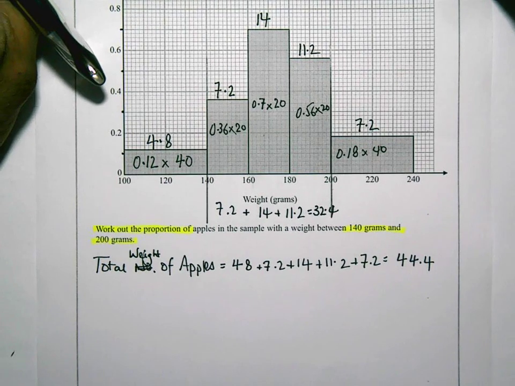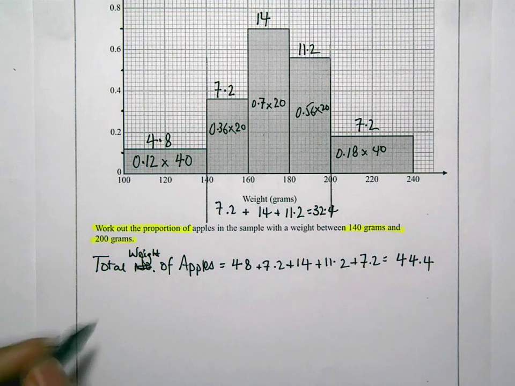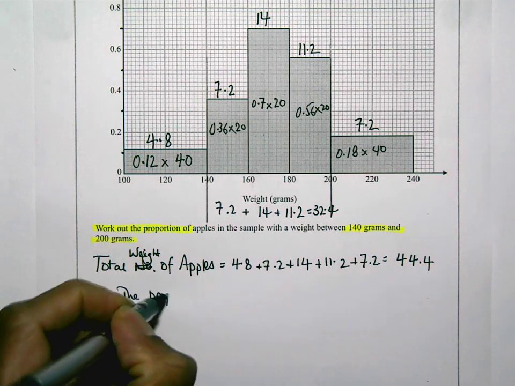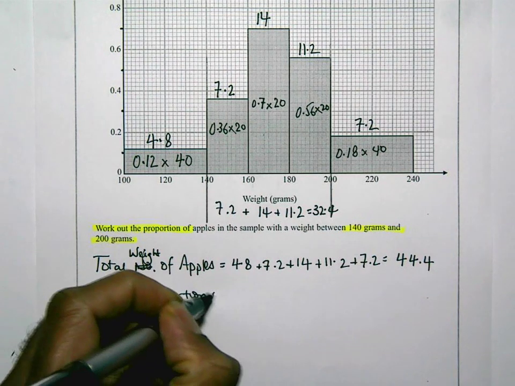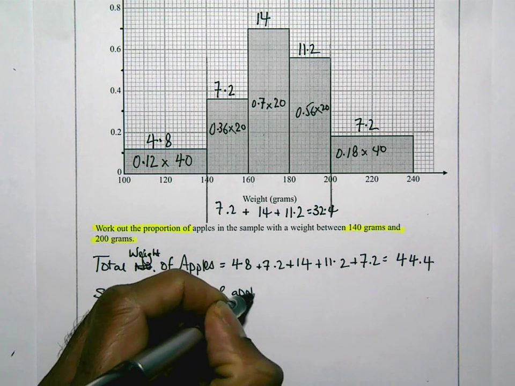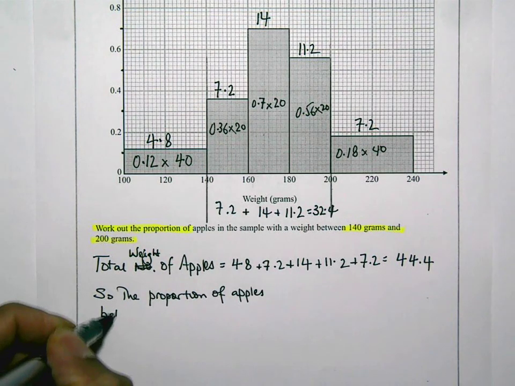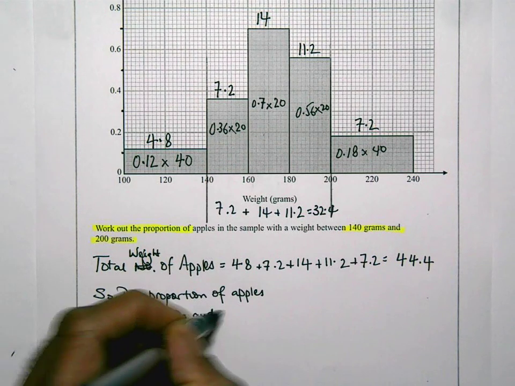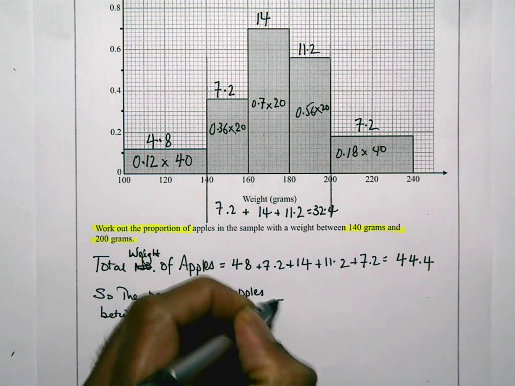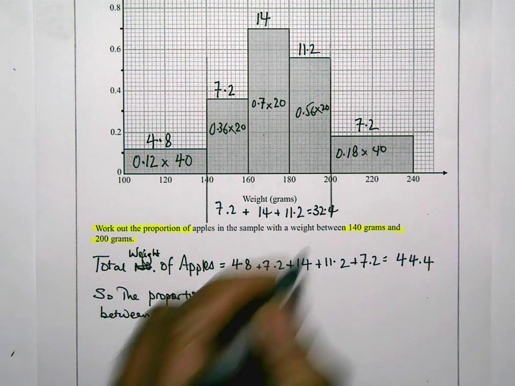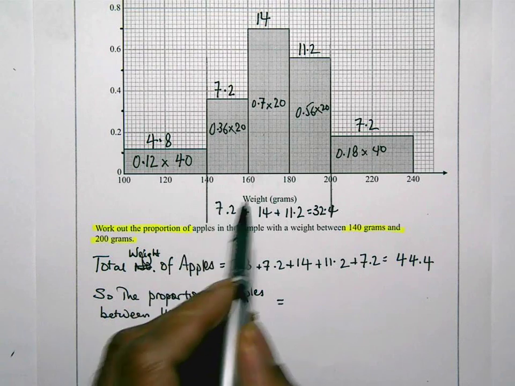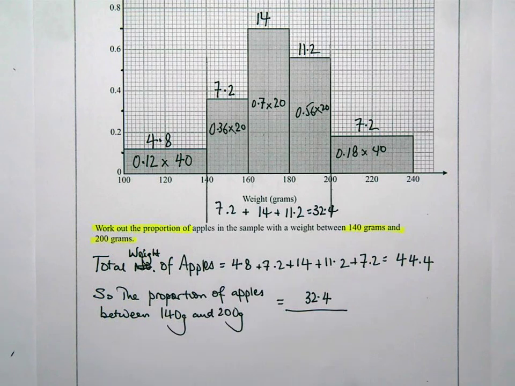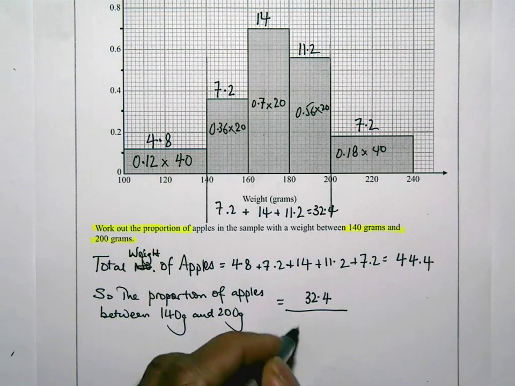So the proportion of apples between 140 grams and 200 grams is going to be equal to, well, the weight of apples between 140 and 200 is 32.4, and the total weight of apples altogether is 44.4. I need to do that division now.